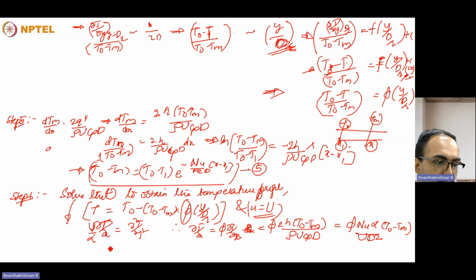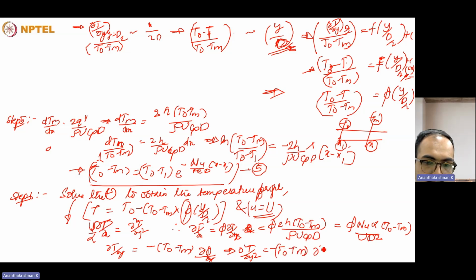Similarly, dou T by dou y can be written by differentiating this equation, so that is minus of T0 minus Tm into dou phi divided by dou y. Once again, you differentiate it to get the double differential, so that is minus of T0 minus Tm into dou square phi divided by dou y square.